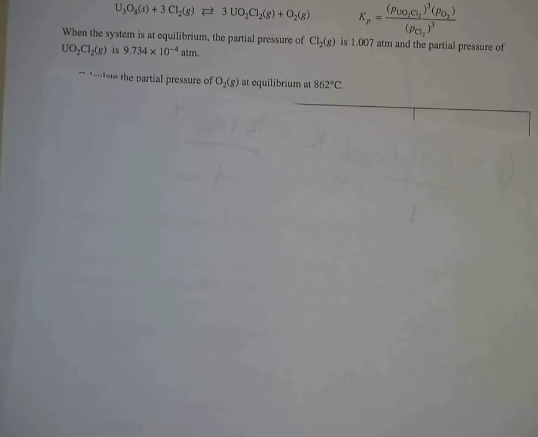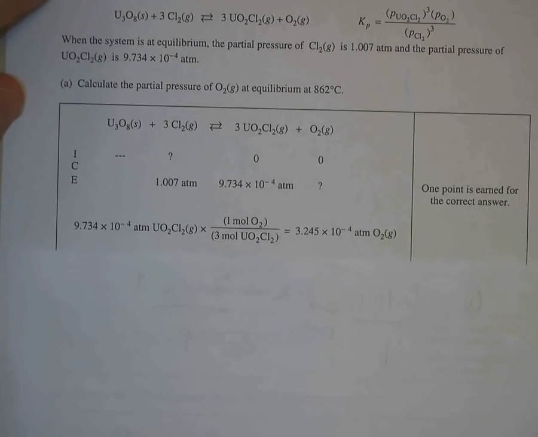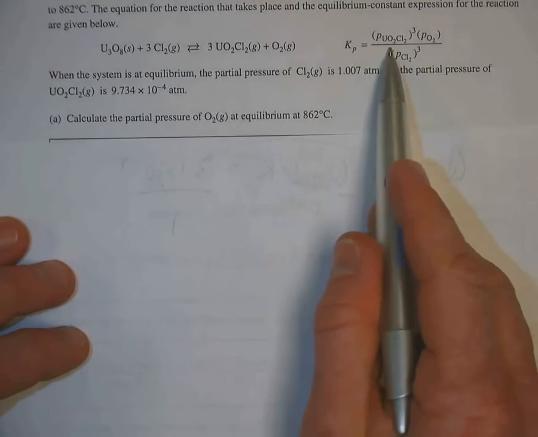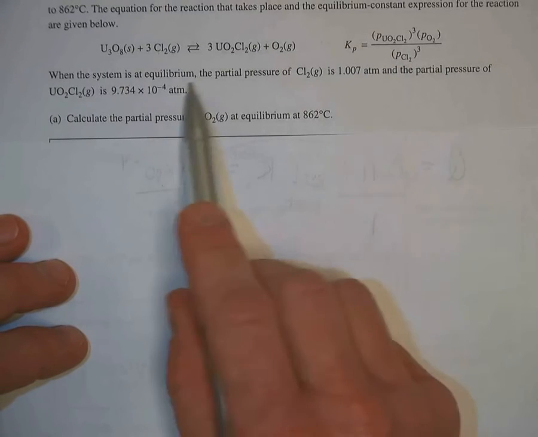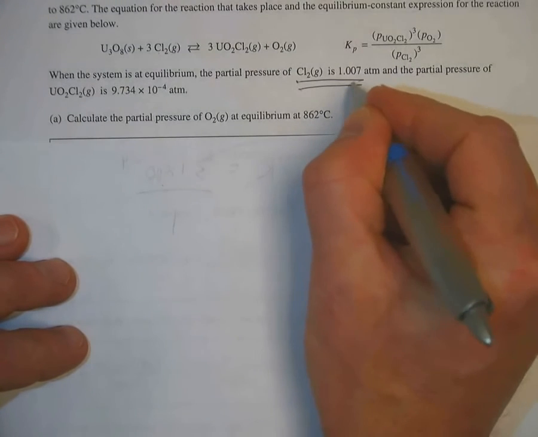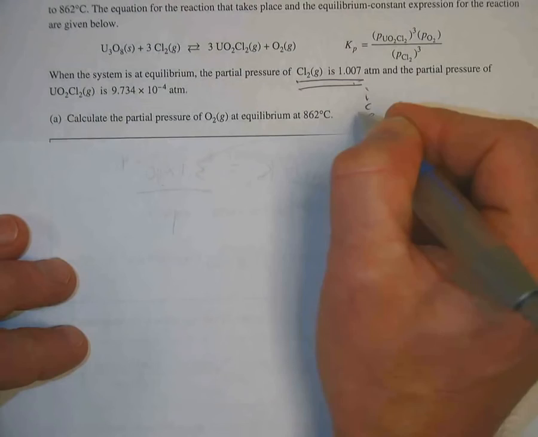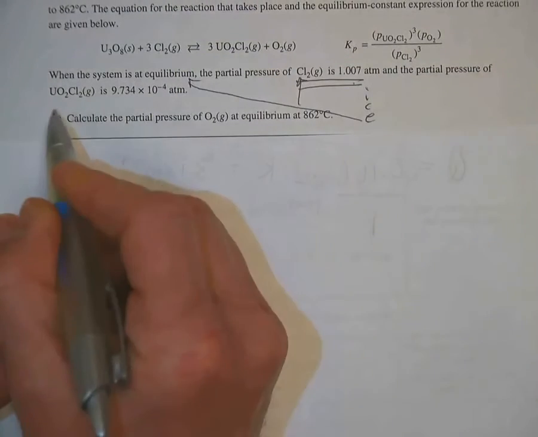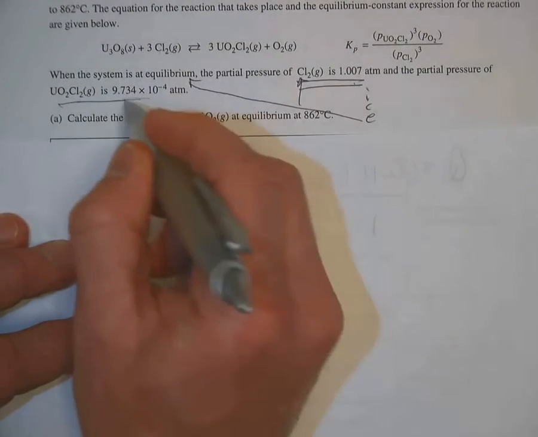Here's another partial question. This is question 1 from 2007. And in this one, they say, here's an equilibrium system. Here's Kp. When the system is at equilibrium, here's the partial pressure of Cl2. So that in an ice table, this is the E pressure. And then UO2Cl2 is this pressure right here.